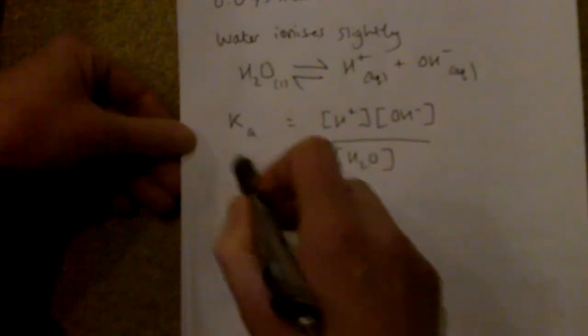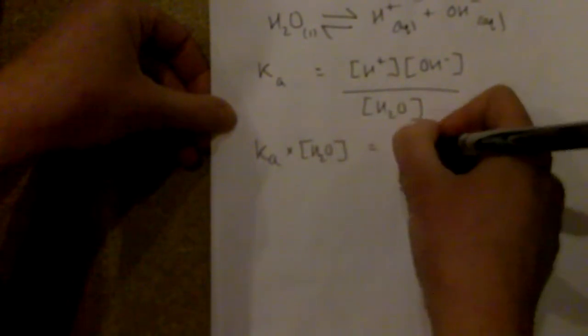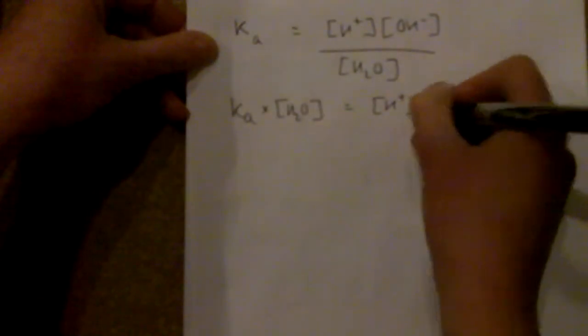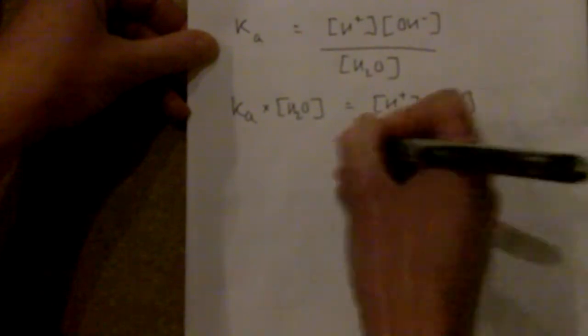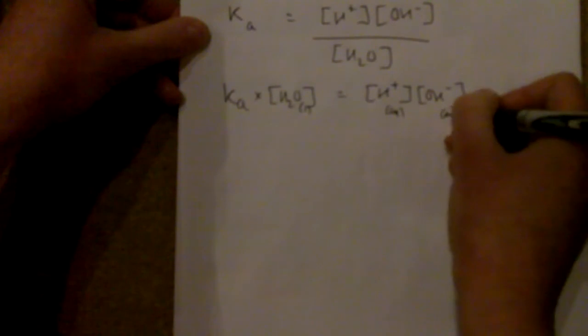Yeah, and then if we rearrange, we get Ka times the concentration of water. Don't forget water's a liquid, the other two are aqueous.